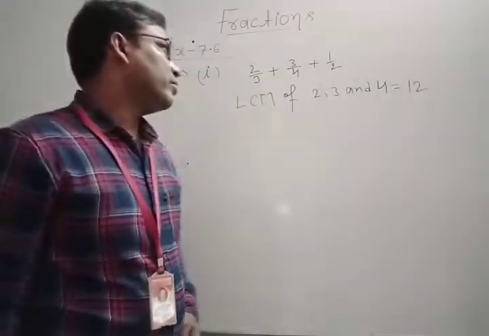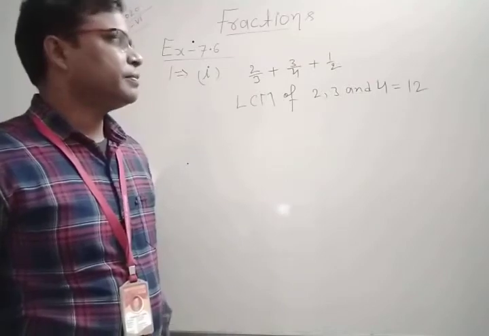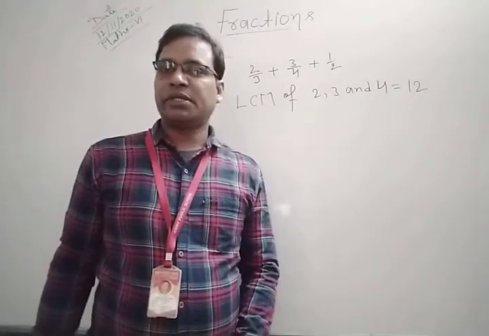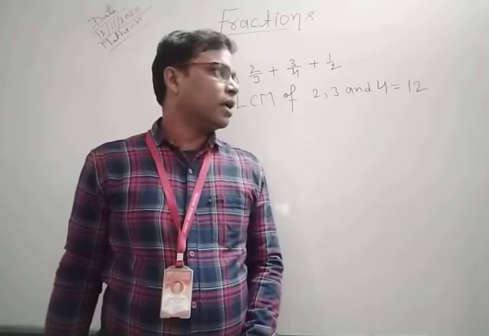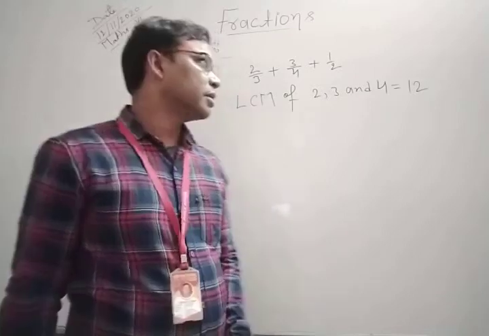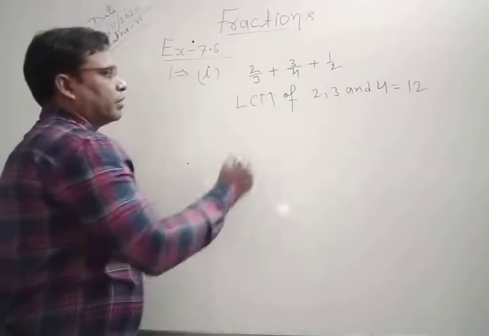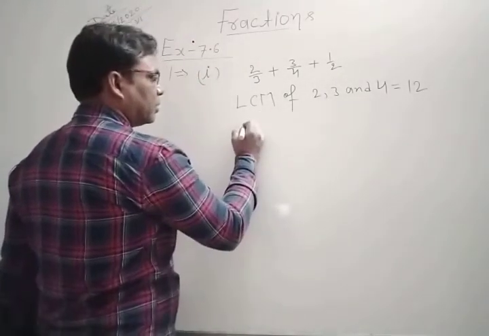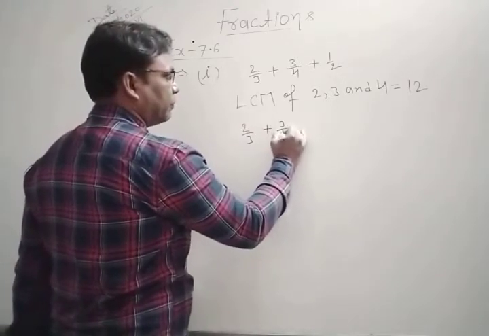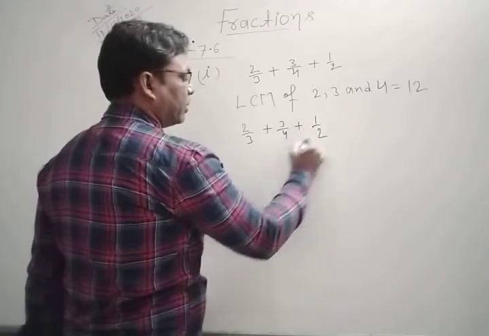So LCM of 2, 3 and 4 is 12. Also you can find the LCM by the division method or prime factorization method.